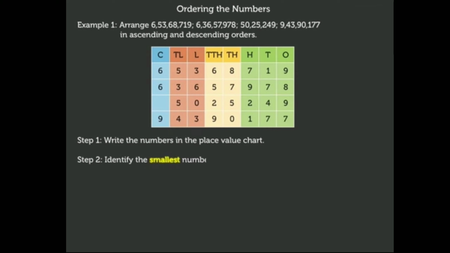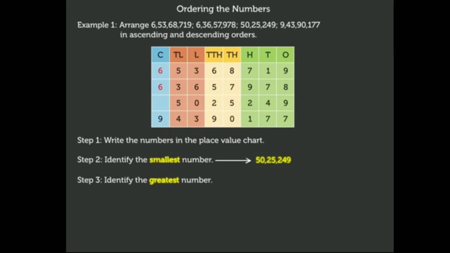Step 2. Identify the smallest number by comparing the number of digits in each number. A number with fewer digits is smaller than a number with more digits. Hence, the smallest number is 50,25,249. Step 3. Identify the greatest number by comparing the digits in the crores place.